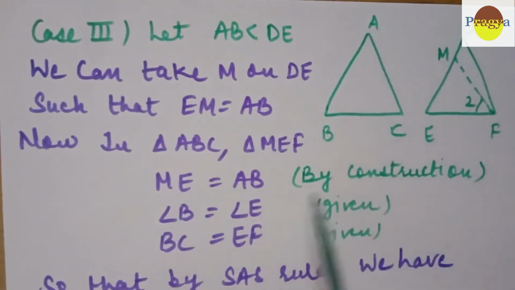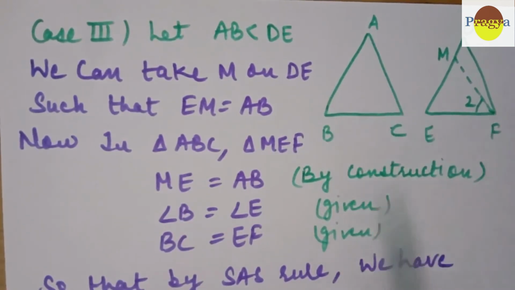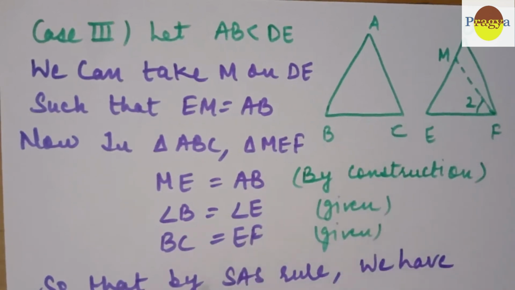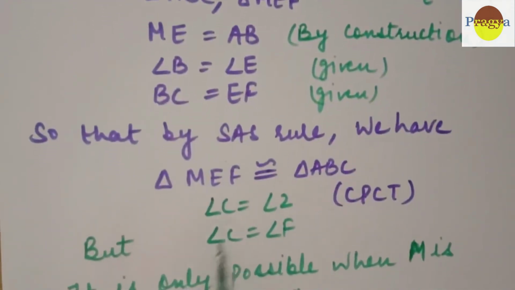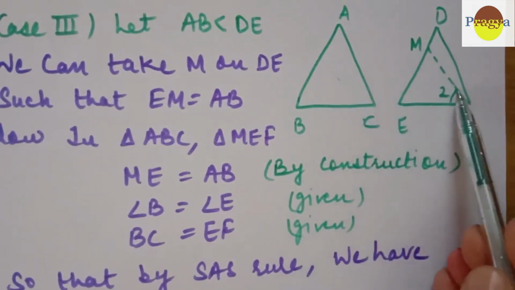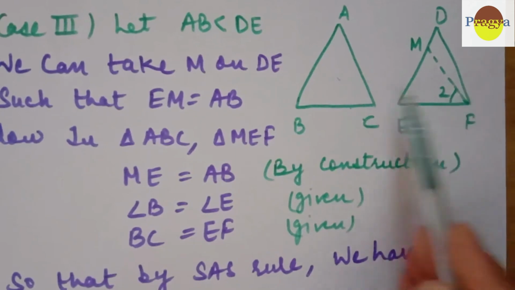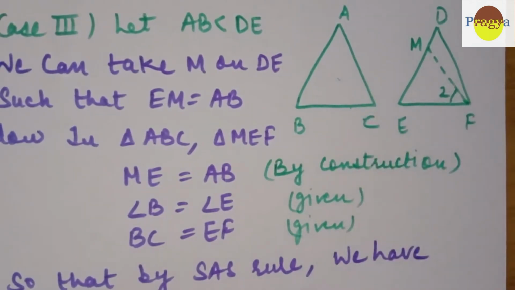ME is equal to AB by construction. Angle B and angle E, given. BC and EF, given. By the SAS rule, we have these two triangles congruent. Similarly, by the corresponding parts, because these two triangles are congruent, angle 2 and angle C are equal to each other, but angle F and angle C are equal to each other, it is given.